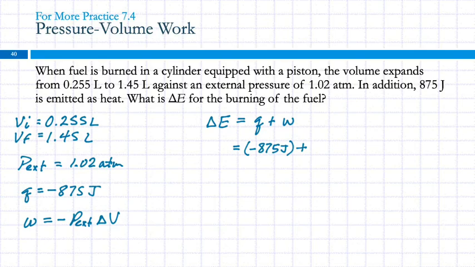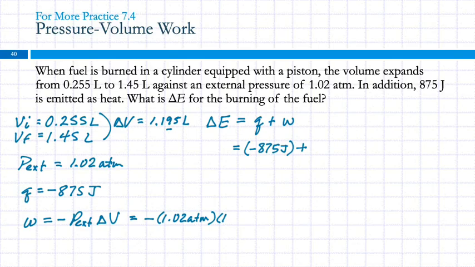Well, delta V is the difference of these two. So 1.45 minus 0.255. So 1.195 liters. Negative times the external pressure, 1.02 atmospheres.